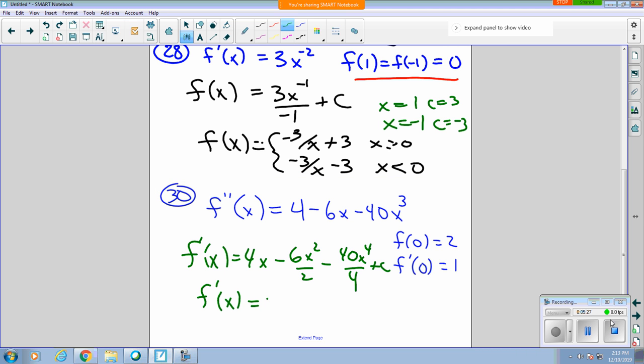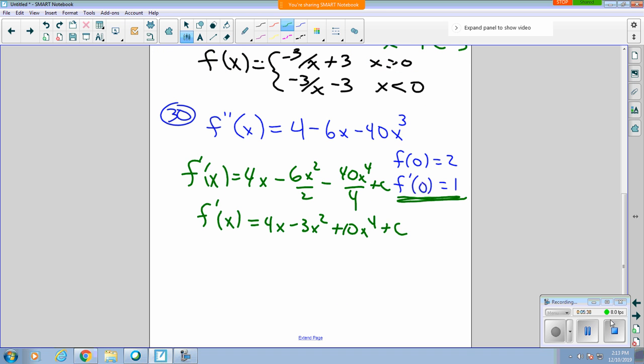I would get 4x minus 3x squared minus 10x to the fourth plus c. And then it says, hey, when the first derivative is 0, you get 1. So c is 1 for the first derivative. So I'm going to cheat on the eraser board, and I'm going to put the plus 1 in.